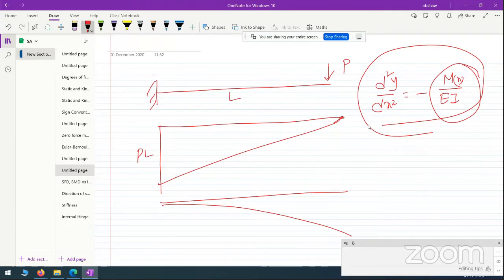You will be analyzing a stadium or a multi-story building, where there will be thousands of members and many thousands of joints. Those cannot be solved manually using the methods we have learned so far. For that, we need a method which is more rigorous, scalable, and can be translated into computer code. The matrix method of structural analysis or direct stiffness method is one such technique, and in that course you'll have some exposure to software and programming.